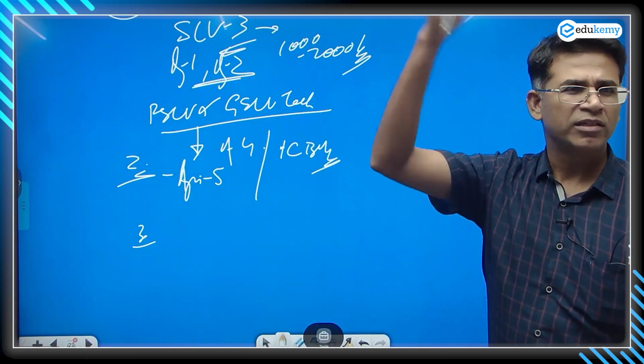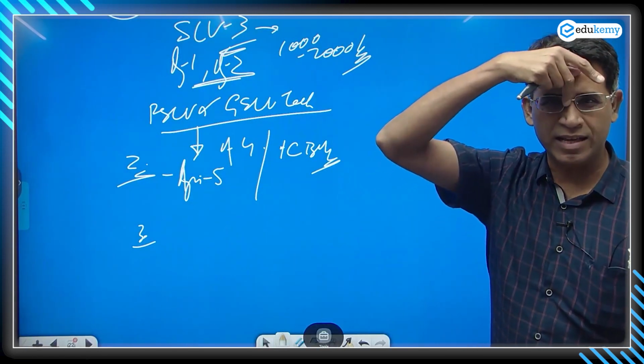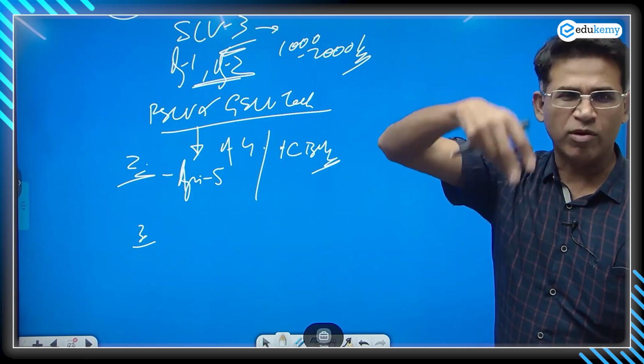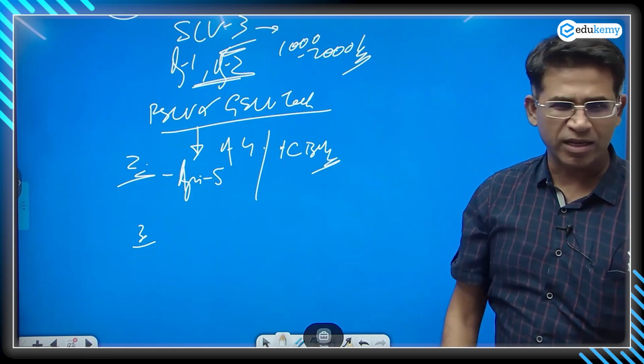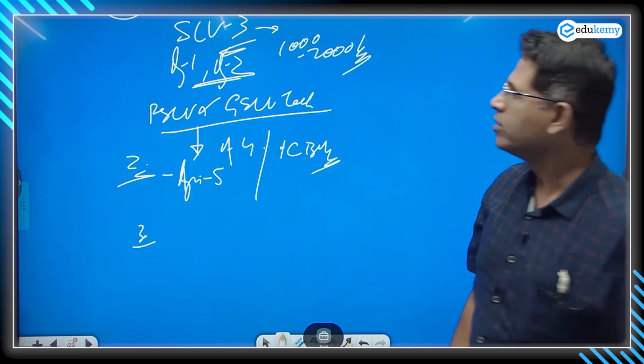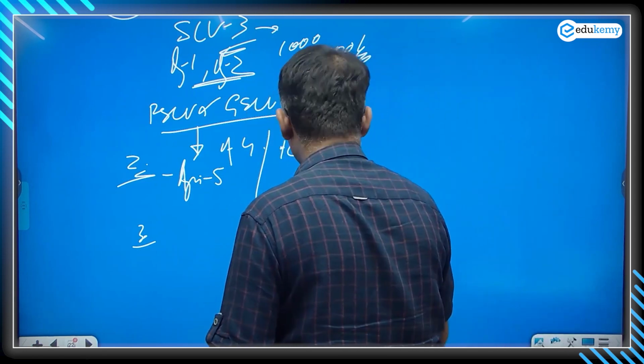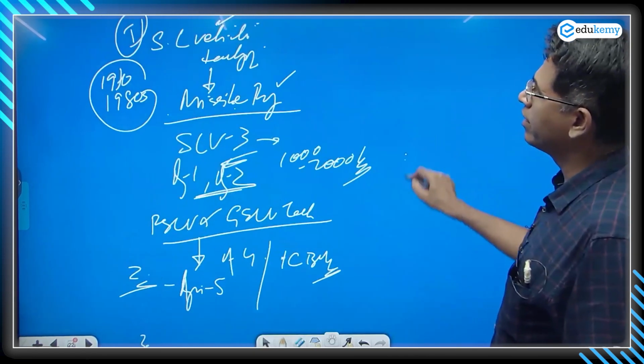Akash is a surface to air missile, and BrahMos can be fired from the sea, from submarines also. So, one paragraph on this.